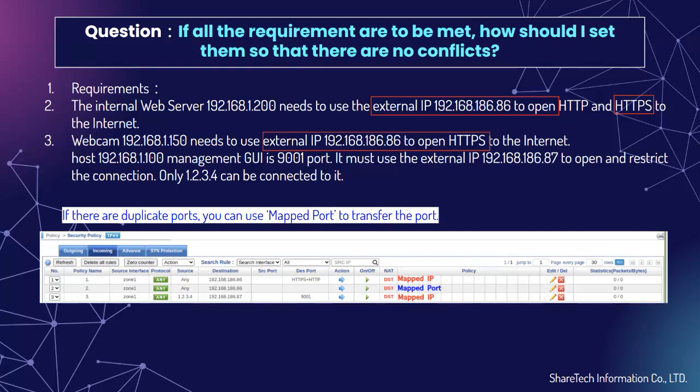In order to ensure that all requirements can be met, for the second requirement I choose the mapped port method and map the external port 18443 to the internal port 443, so that both requirement 1 and requirement 2 can be met.